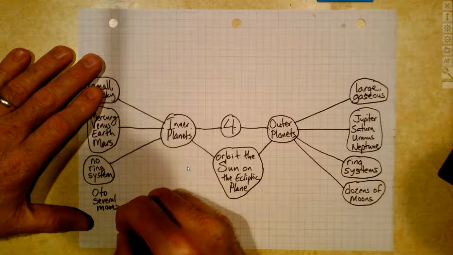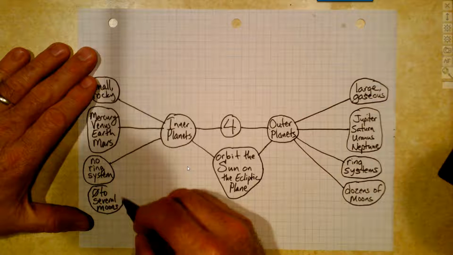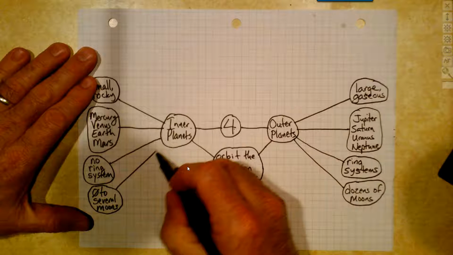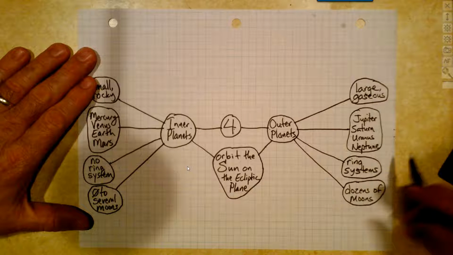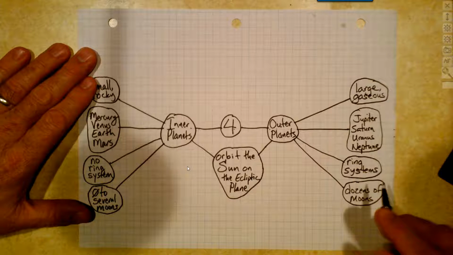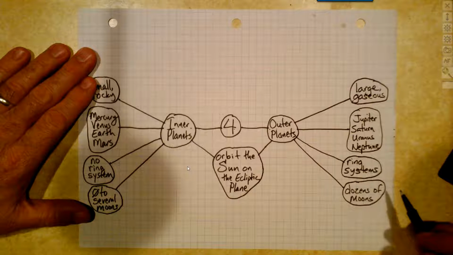I mean, Mercury and Venus have none. I'll make that look like a 0 with a slash through it. Earth has 1, and Mars has 2. But Jupiter has 63, I think, and Saturn has 40-something. Uranus and Neptune each have more than 20, so they have many.